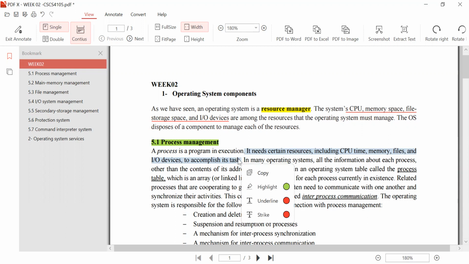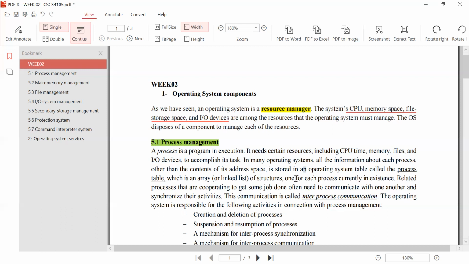And you should know that each process will need some resources in order to execute. The first resources that it will need will be the CPU time, some memory, the RAM, some files, and some input-output devices in order for it to be able to accomplish its task.